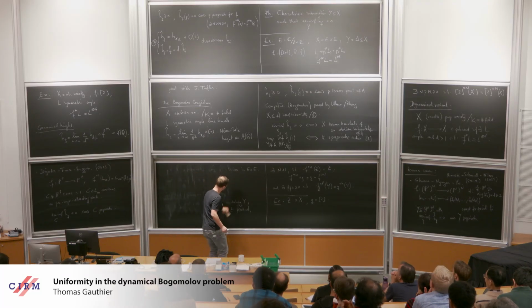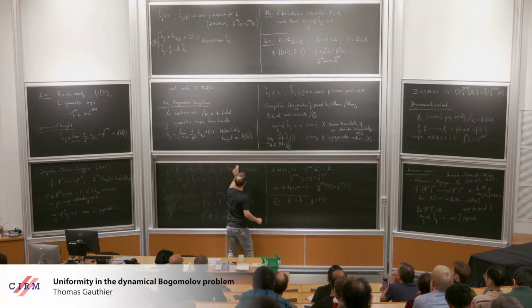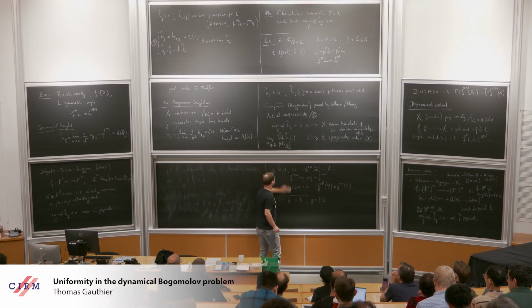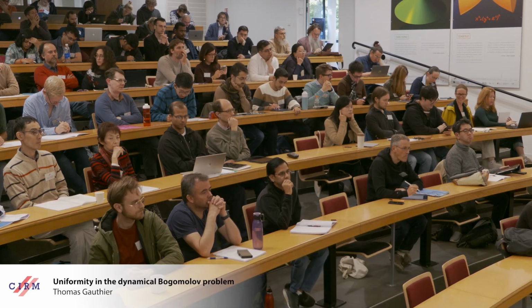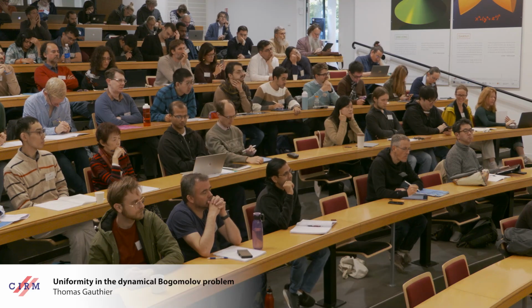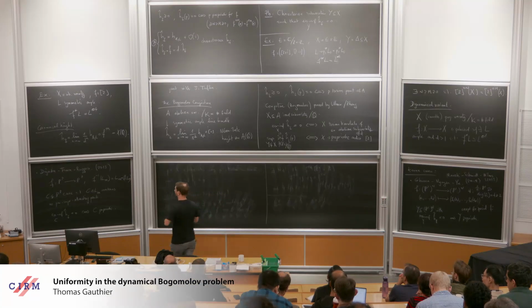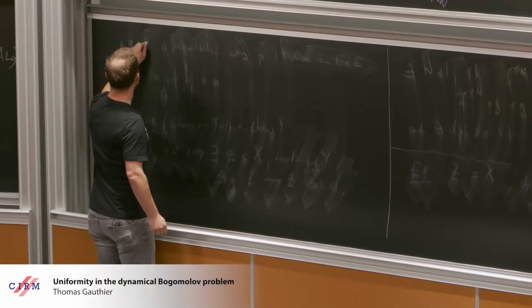So what will be the context? The context will be the following. You consider the space of all such maps. So, uniformity.